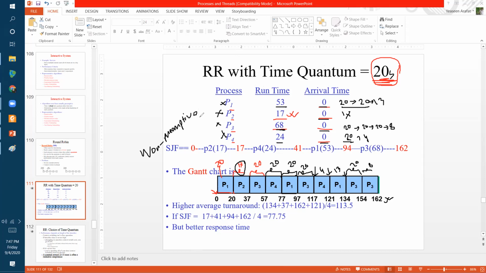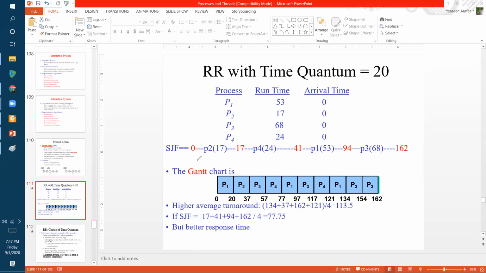So for the same scenario, if we use the non-preemptive shortest job first algorithm, it will be like this. P2 has the shortest time, so P2 will work from 0 to 17.